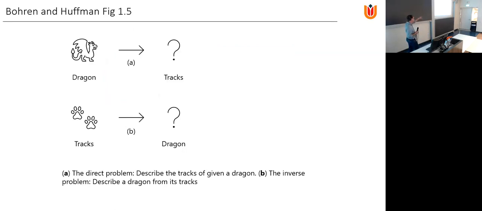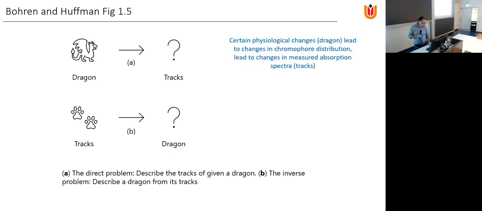And again, this is an inverse problem: we have a model that describes the signal as a function of the parameters, but now we measure the signal and what we want to know is the parameters. So again, this inverse problem is at play. Okay.